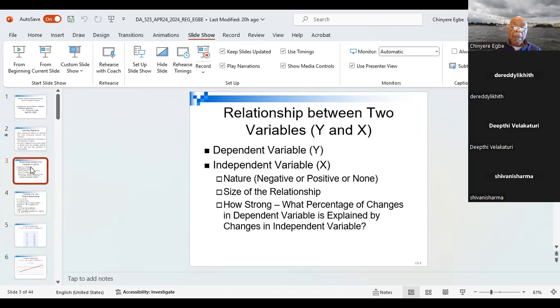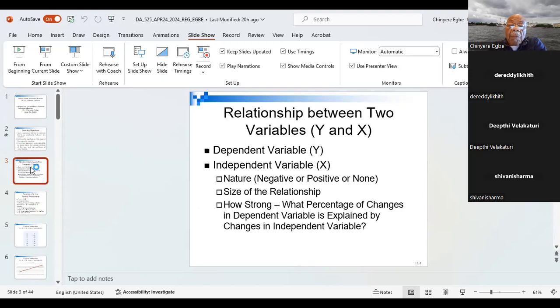Is it a negative or a positive relationship, or is there none? For example, the relationship between quantity demanded of a good and the price of the good is a negative one. The relationship between the price of a good and the quantity supplied is a positive one, okay?